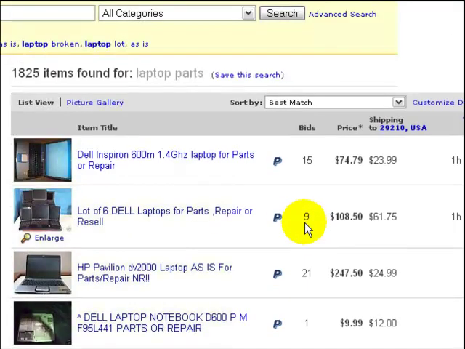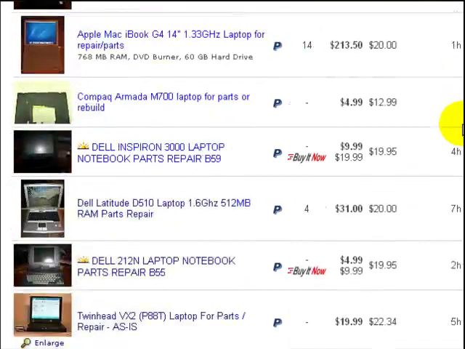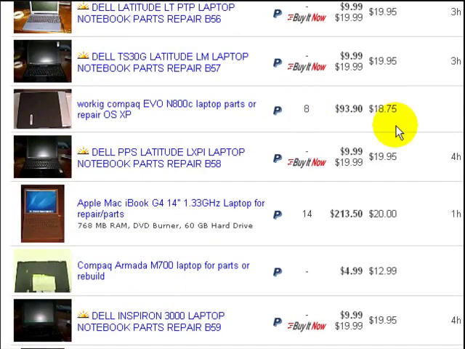Let's say, for example, you have Dell laptop parts. As you can see here, Dell laptop parts actually sell very well. Now, as I scroll down, you'll notice that there are buy it now prices and there are regular bids.